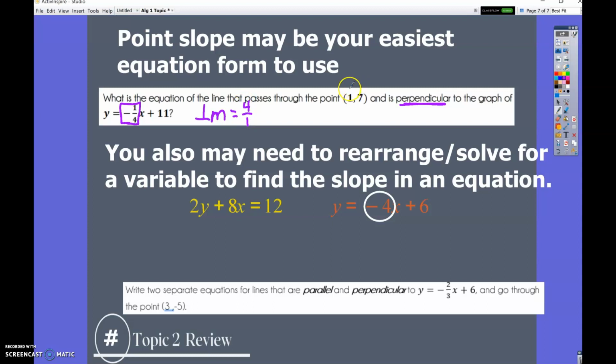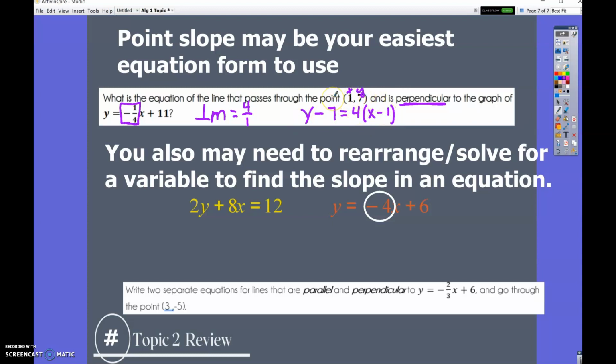It also must pass through this xy coordinate (1, 7). So by using point slope, I have my equation to be y minus 7 equals 4 times x minus 1. This would be the equation of my line that is perpendicular to -1/4 x, but also goes through the point (1, 7).